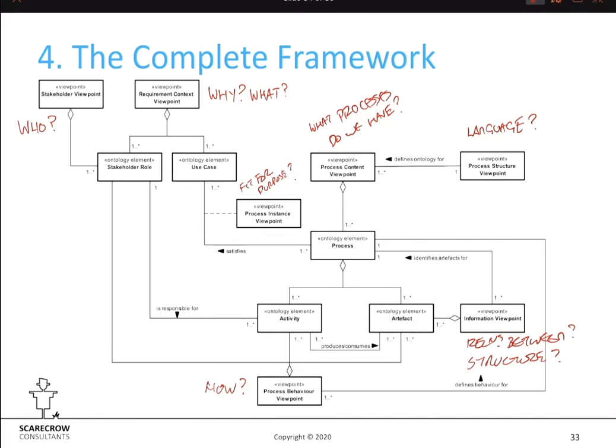Okay. And so that's the complete framework. Sometimes it gets extended. So for some people, we add an 8th viewpoint.